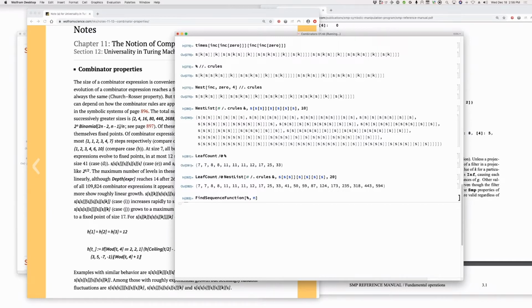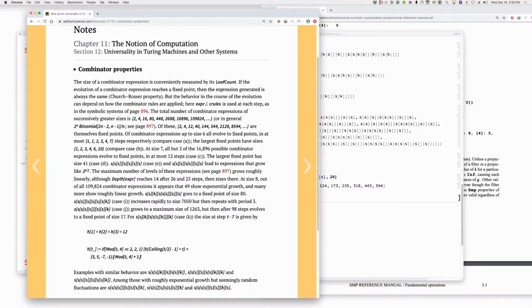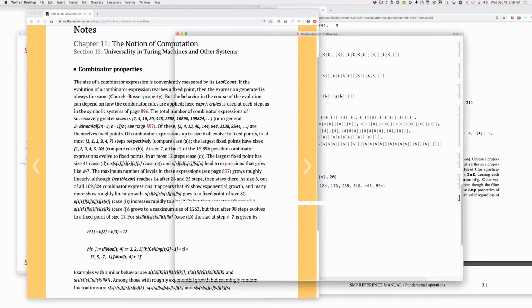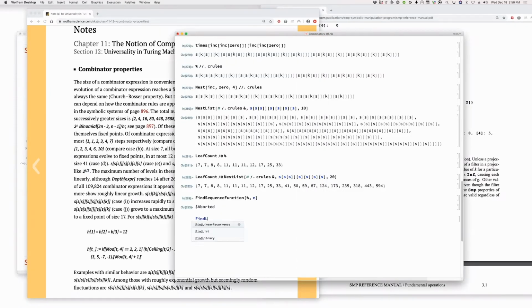But this is a good example of a non-terminating combinator expression under combinatory reduction, supposedly. I don't think it's finding it, which is even bizarre in its own right. Into expressions that grow like 2 to the t over 2. Well, let's find out whether they are linear recurrences.